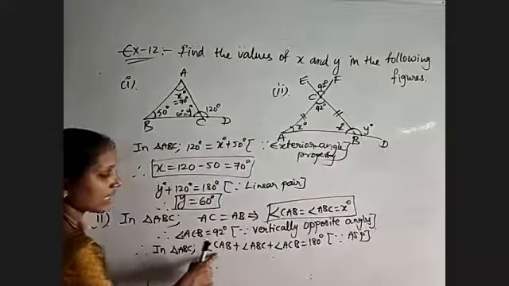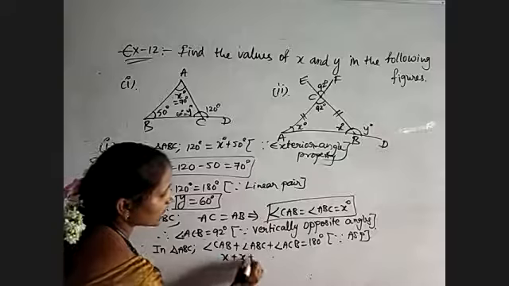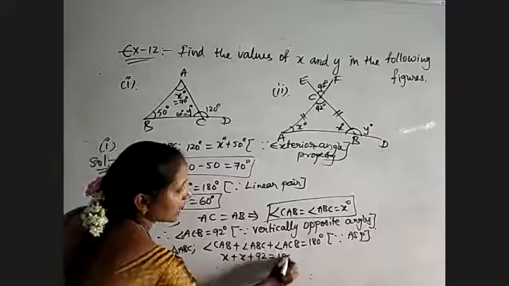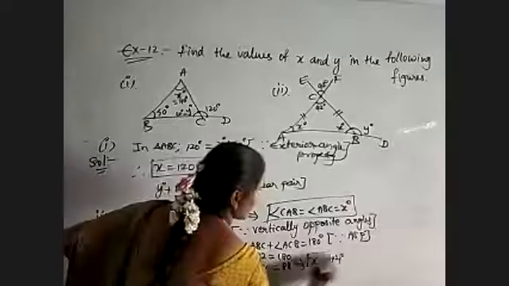So then I'll get CAB is x, ABC also x, ACB is 92, which is equal to 180 degrees. Then 2x is equal to 180 minus 92, that is 88. So from this x is equal to 44 degrees.